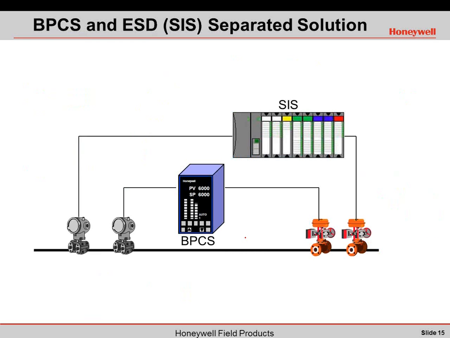So there's another drawing of a separated solution where we have the basic process control done by this single loop controller, in this example using these sensors and valves, where our SIS has a totally separate sensor and valve that are in the same line. So if the process control system fails totally, the SIS can take over and make the system safe.